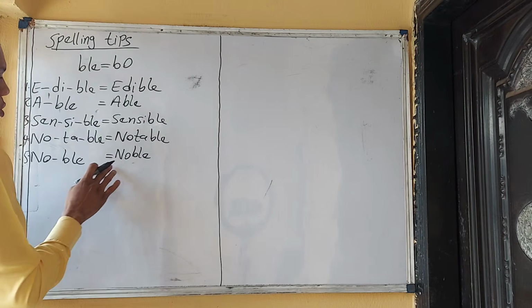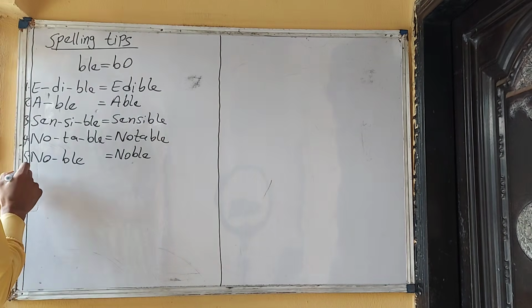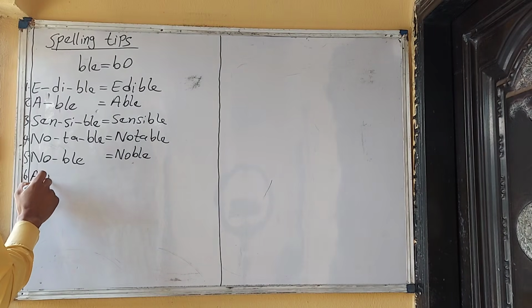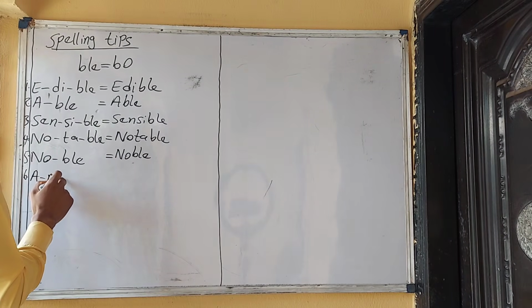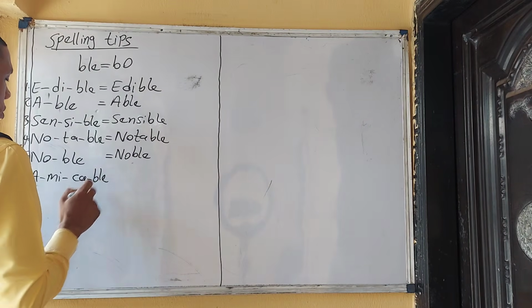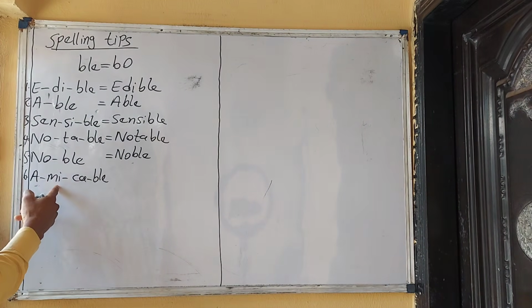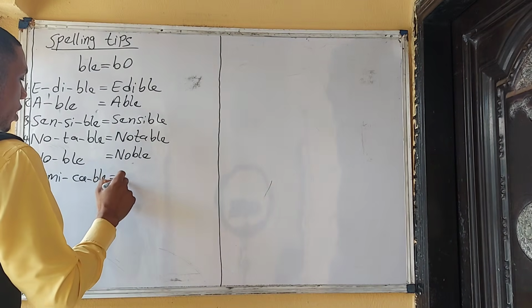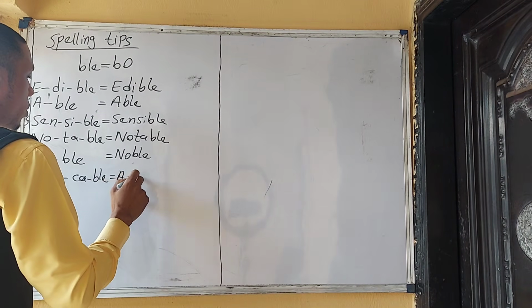No, bold. Noble. Next we have, then bo, amicable. When you bring it together, you have what? Amicable.